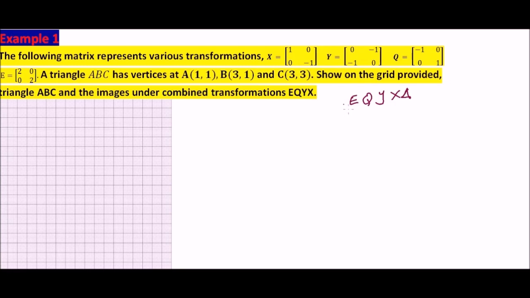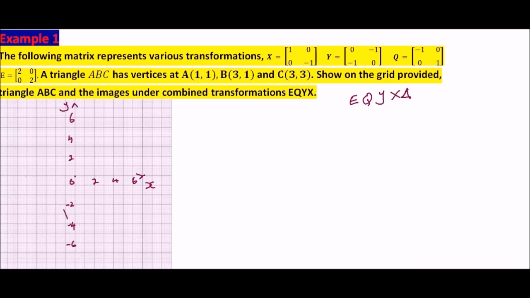Before we draw, we can start by plotting our triangle. That is the starting point. So we can have 2, 4, 6. That's our x-axis. We have 2, 4, 6. So this is our y-axis. Then on the negative side we have -2, -4, -6.